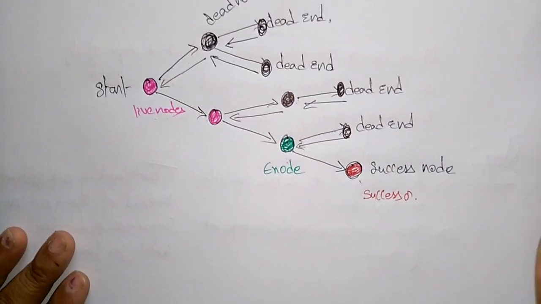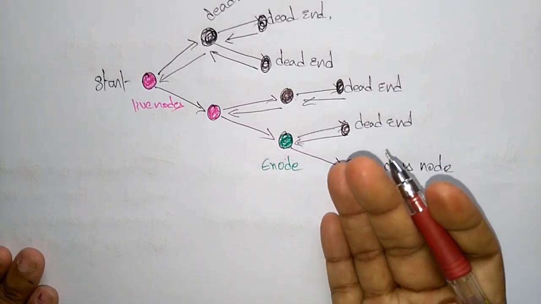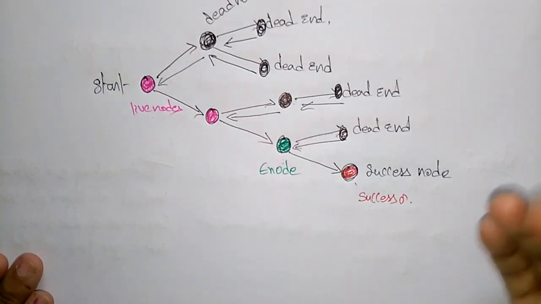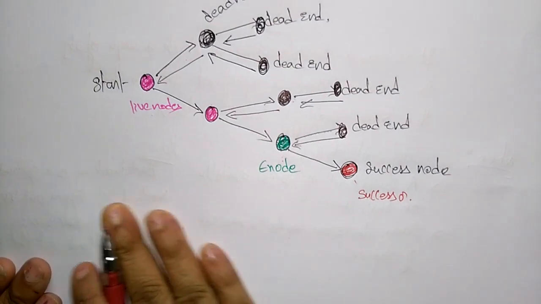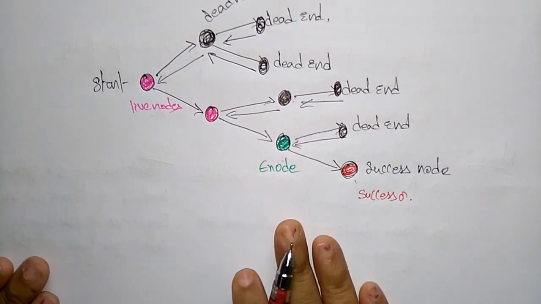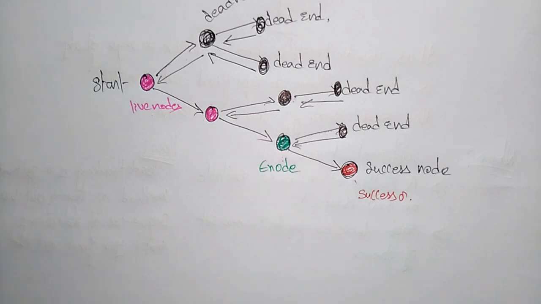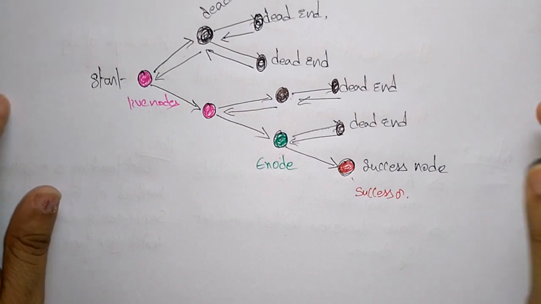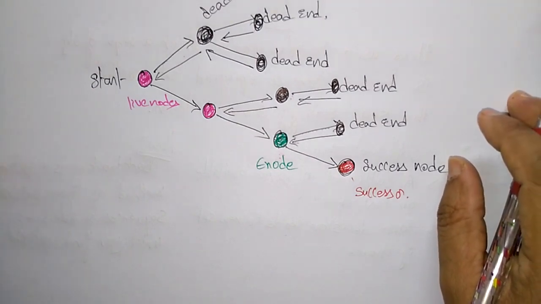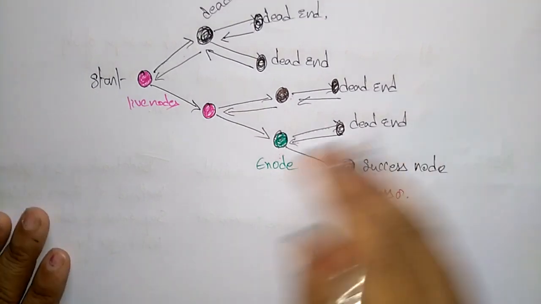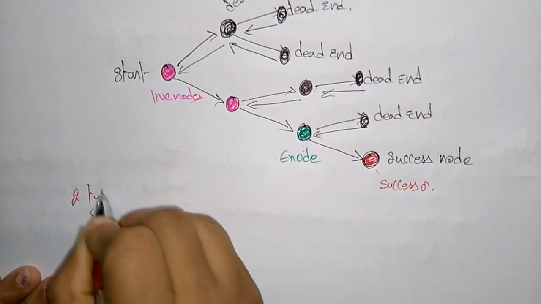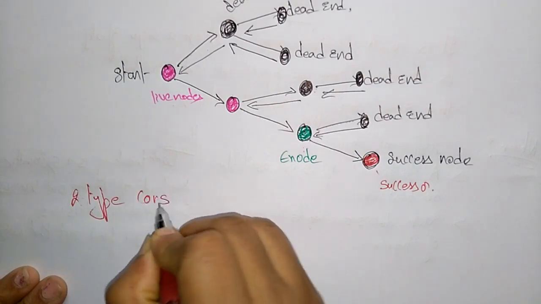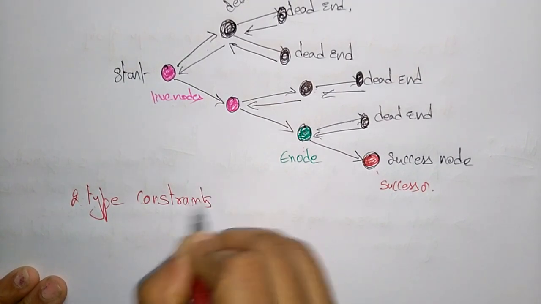So whatever problem you are taking in the algorithms, many problems can be solved by using backtracking, requiring all solutions that satisfy a complex set of constraints. Two types of constraints are present in backtracking.